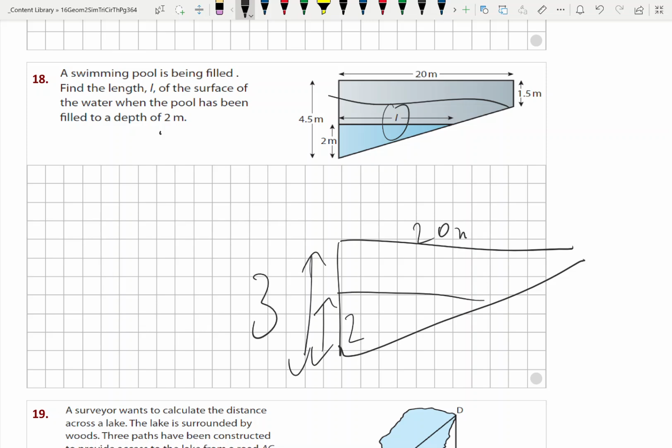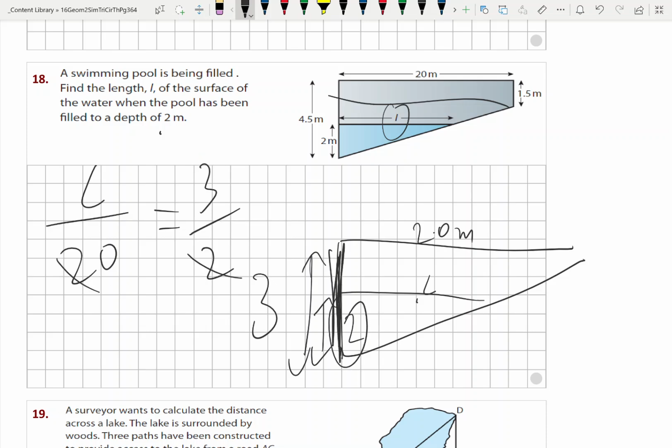And this is the unknown. So small triangle L to big triangle 20, which corresponds, equals 3, this corresponding side over this side. 2 cancels with that, leaving 10 up to there is 30. L equals 30. That can't be right. Things have gone pear-shaped.